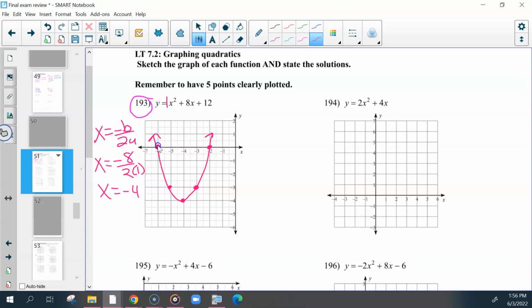The solutions part of it is where does this, if it does, cross the x-axis. Remember that answer, you can have 2 solutions, 1 solution, or none. So here it would cross it at negative 6 and negative 2, so you would write those as ordered pairs, negative 6, 0, and negative 2, 0.